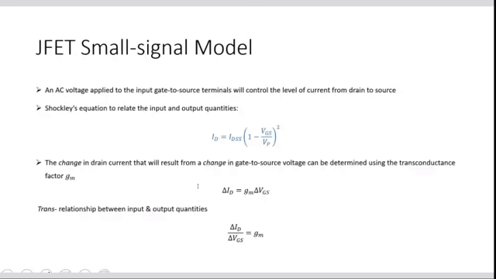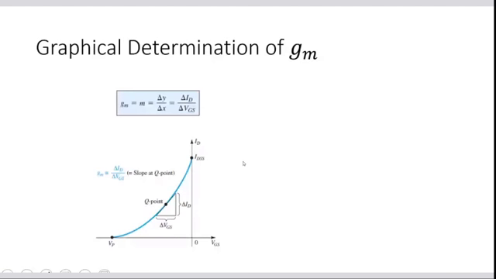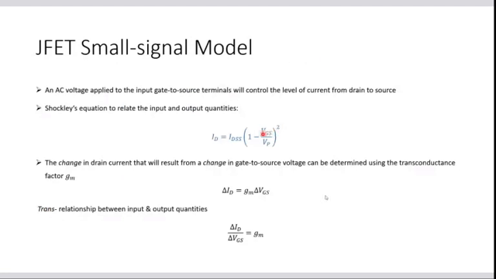So to put it in a graphical way, just go through your transfer characteristics of your device. This curve here is drawn by using the Shockley's equation. If I substitute VGS equal to 0, I have ID is equal to IDSS.